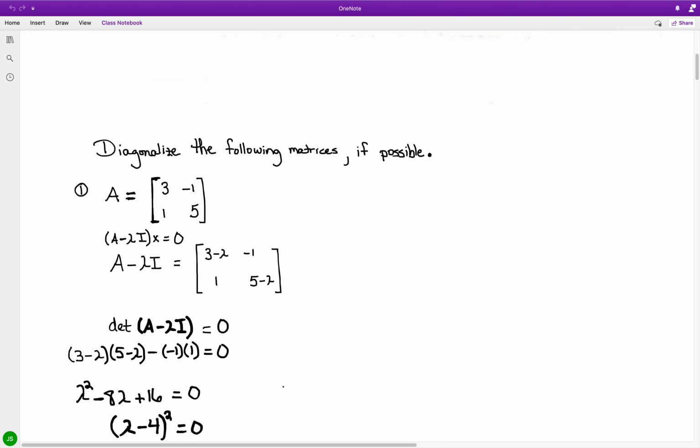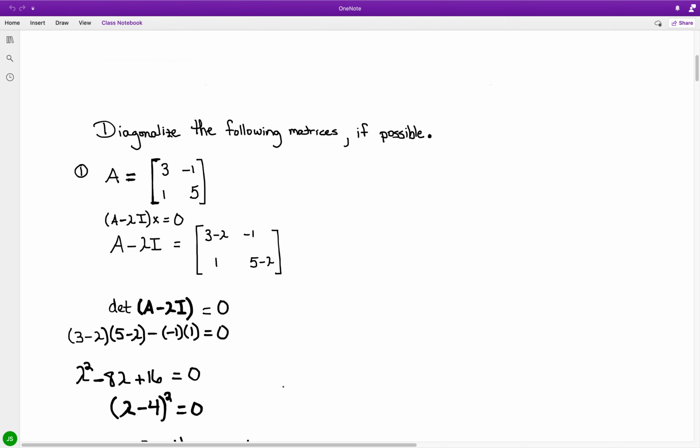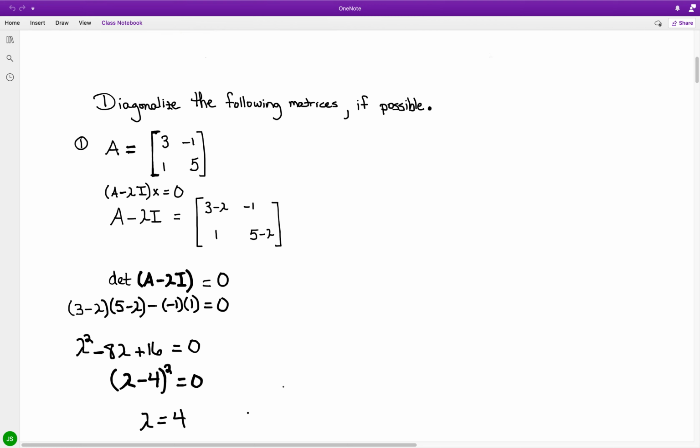From this we have a square trinomial, lambda squared minus 8 lambda plus 16 equal to 0, and there's only one eigenvalue, lambda equal to 4.